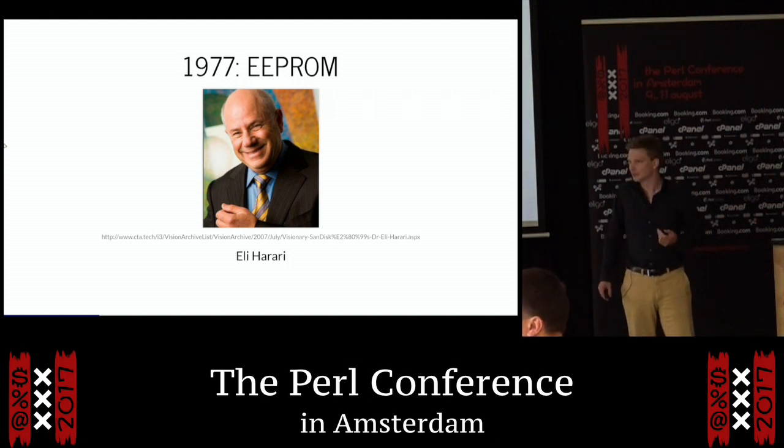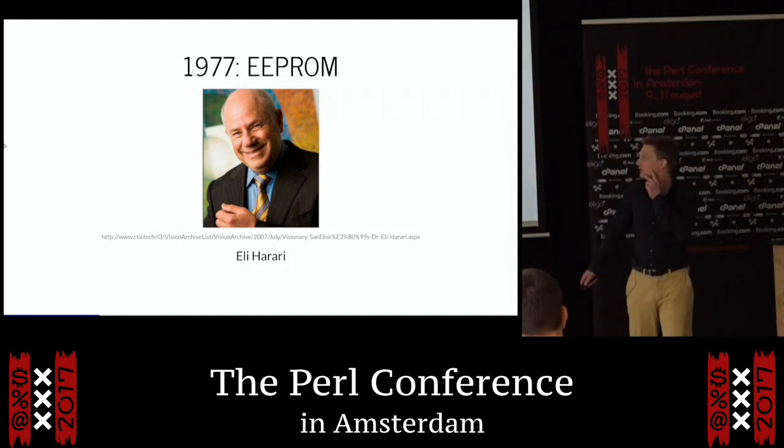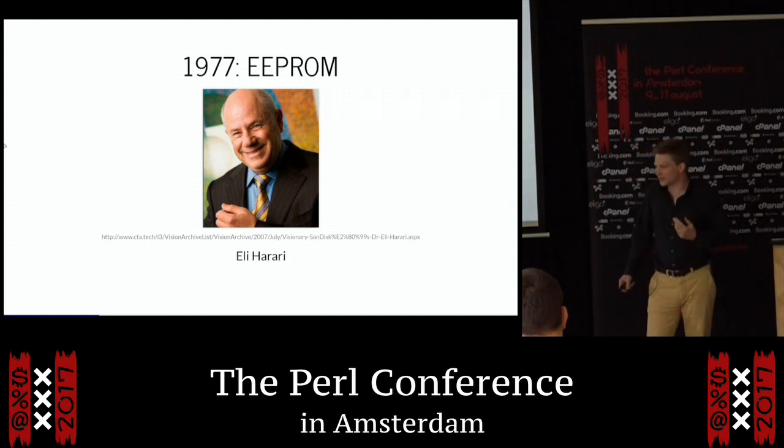So you needed to take the chip out and put it somewhere else to erase it. Sorry, you needed to take the chip out to erase it. Okay, also for the electronic. Okay, I didn't know that. So it was still rather like you could reuse them or reprogram them, but not on the fly.